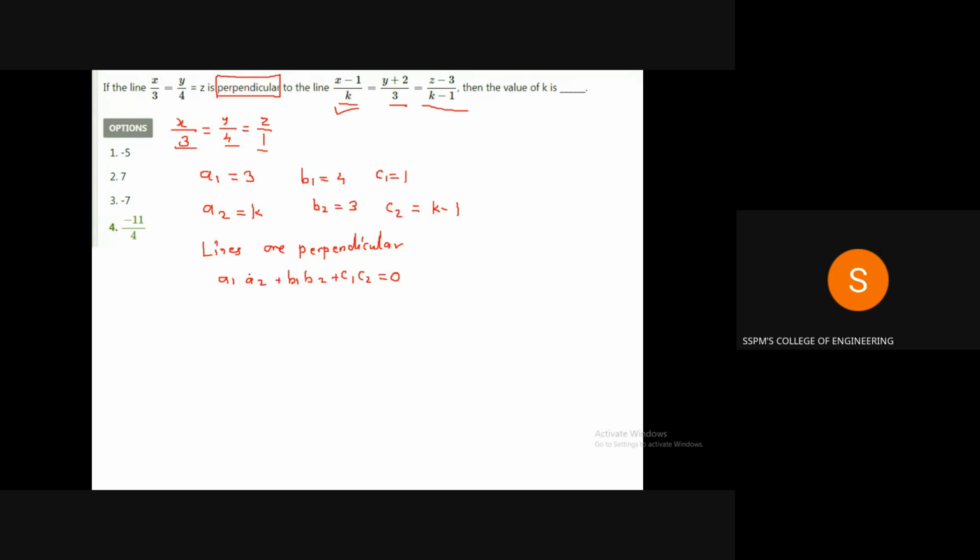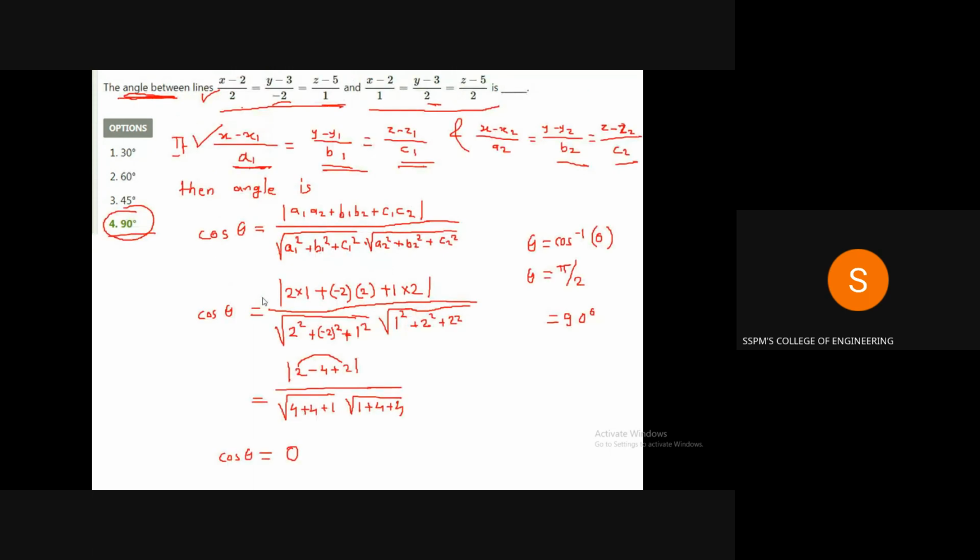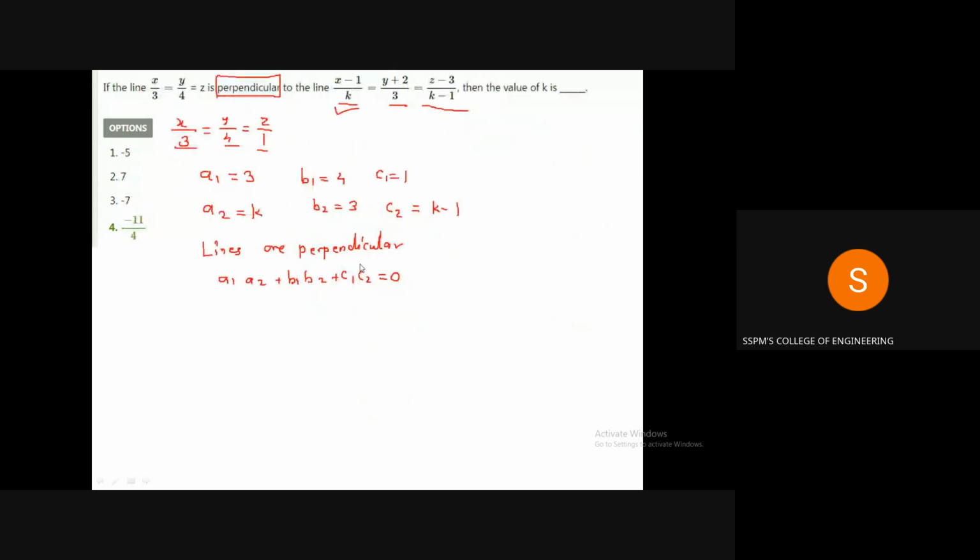When the angle is 90, the lines are perpendicular. So cos 90 is equal to cos theta. As seen in the previous example, here cos theta will be 0, therefore the numerator will become 0. So that's why we are taking a1 a2 plus b1 b2 plus c1 c2 is equal to 0.